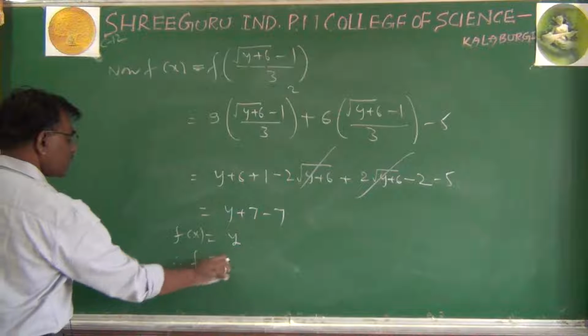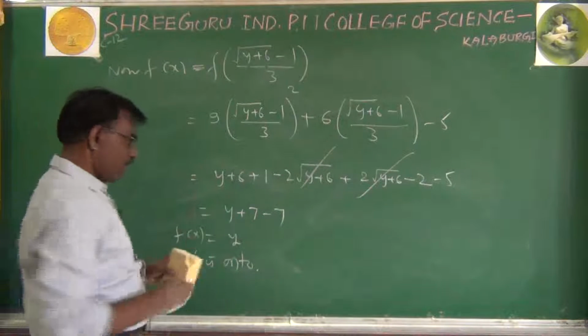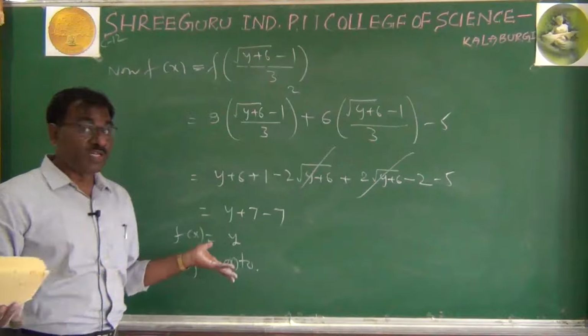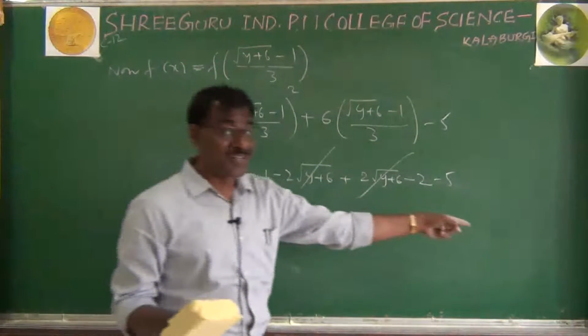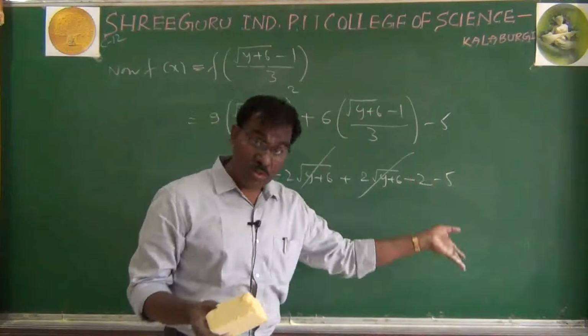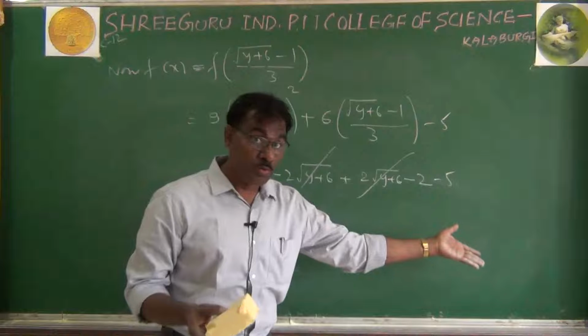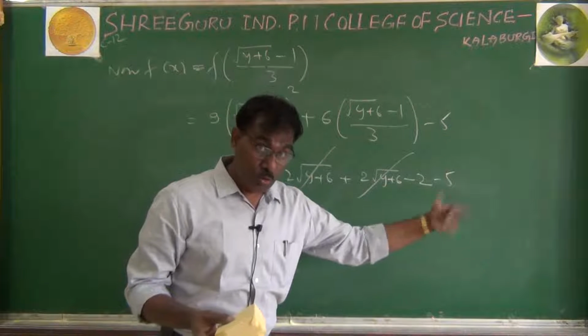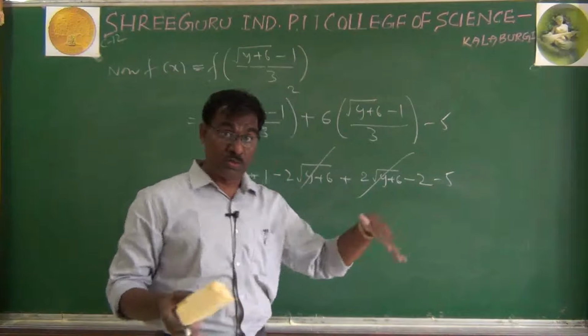Therefore f is onto. If you write this, no reason is needed. Even if you write it belongs to R plus, that is y greater than minus 5, and the function f is onto.